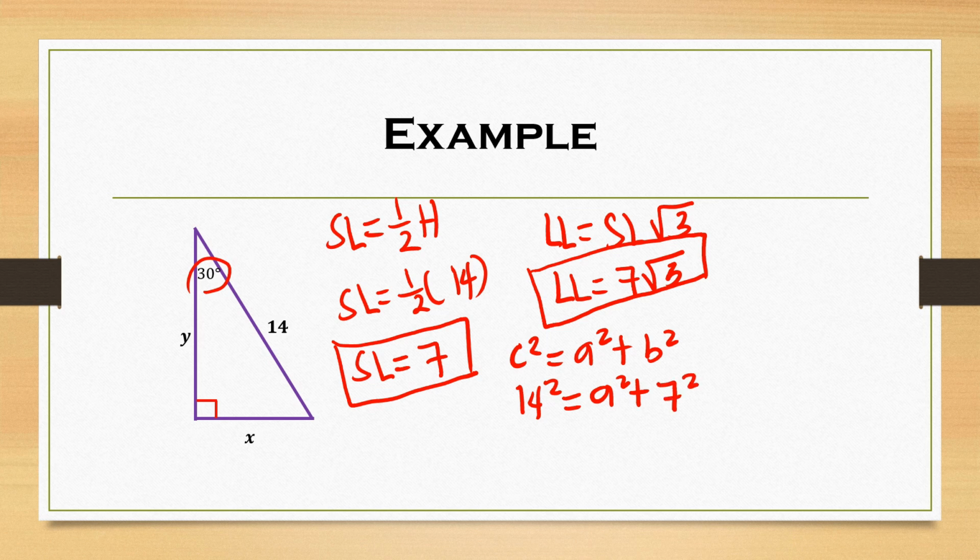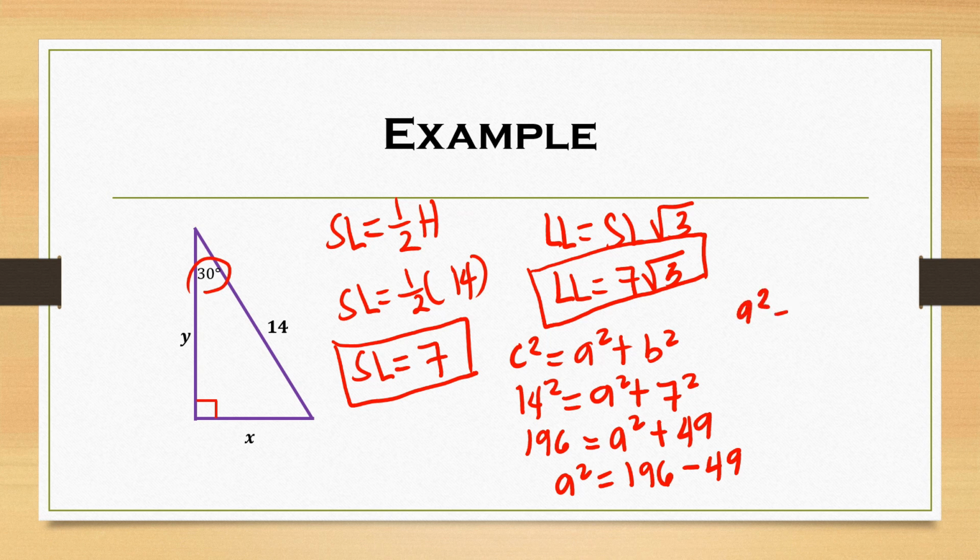So, 14 squared, that is equal to 196, is equal to A squared plus 7 squared, that is 49. Combine like terms, so we have A squared is equal to 196 minus 49. So, A squared is equal to 147.